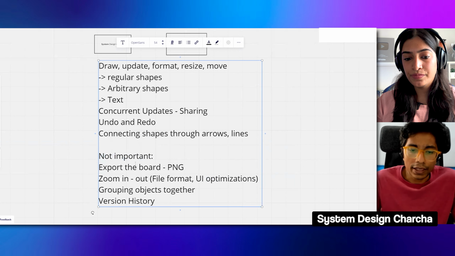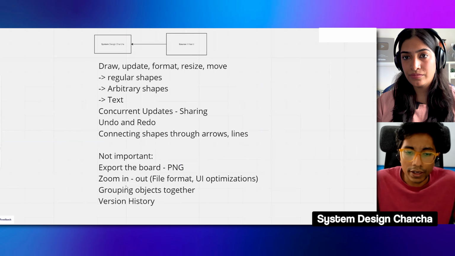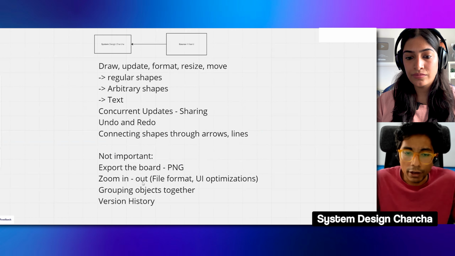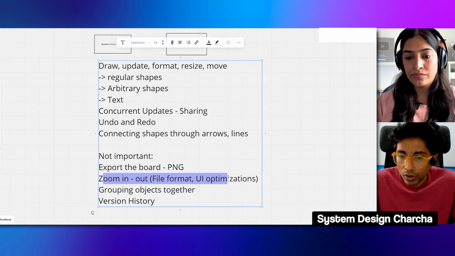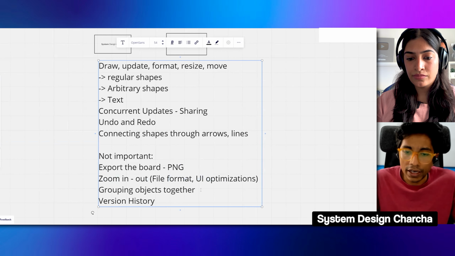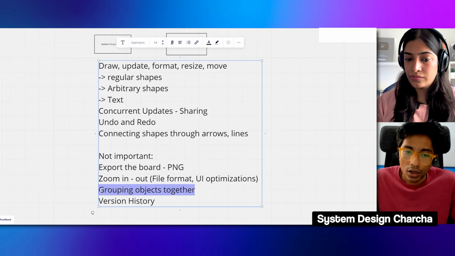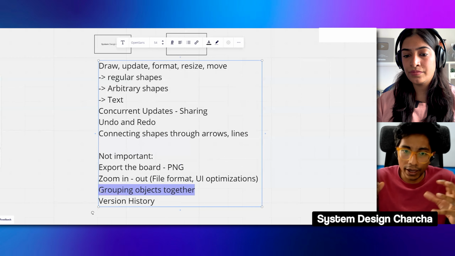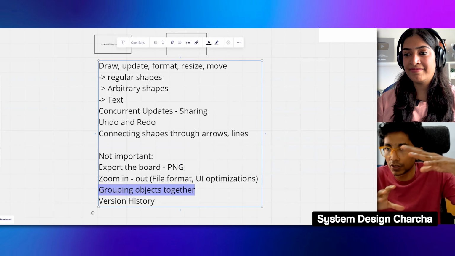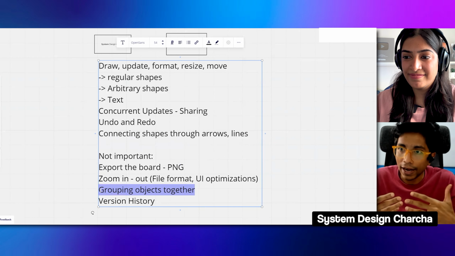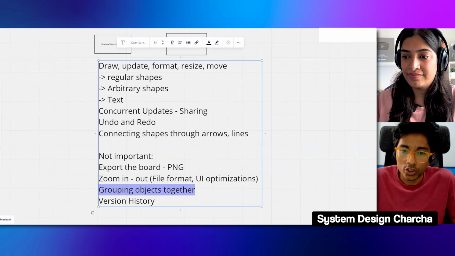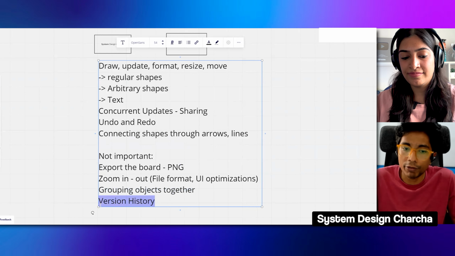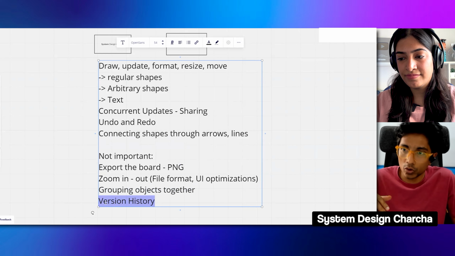Absolutely. I think all of this is directing us to a particular file format which helps you zoom in, zoom out correctly, which can let you group objects together. So if there was a hierarchy in the file format, like I am thinking of HTML, where you have things in one paragraph, they all move together, that can help us. And version history, where if you just store the entire file, let's say yesterday's file is stored, and then today when we make changes, that file is also stored.